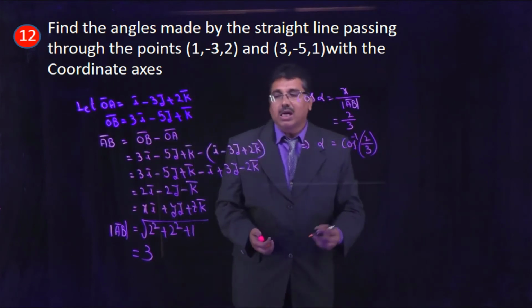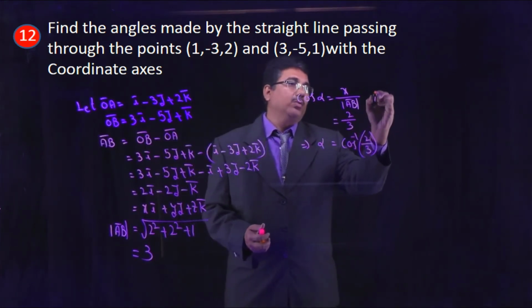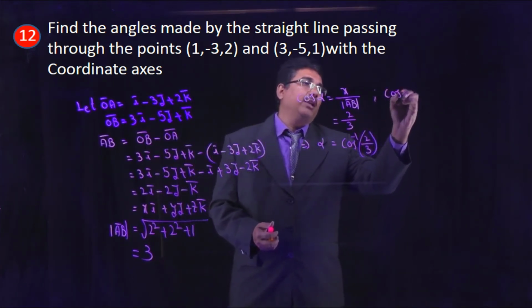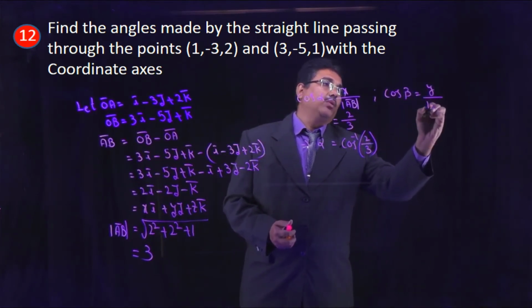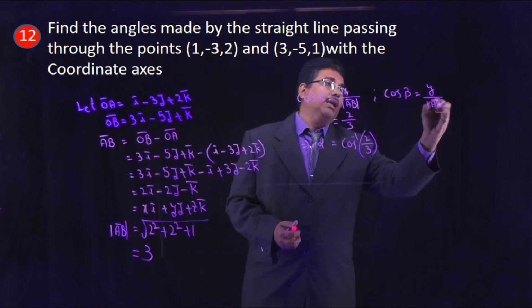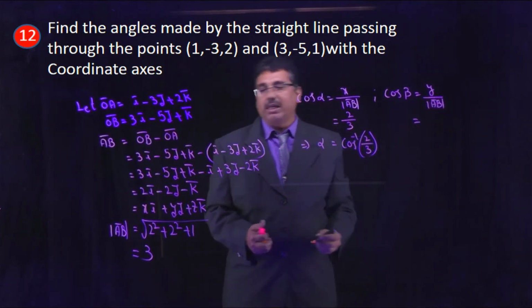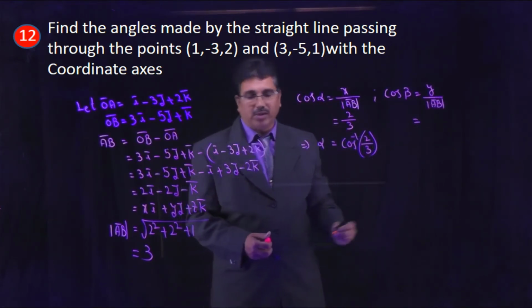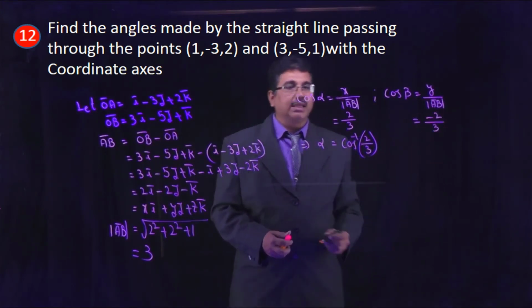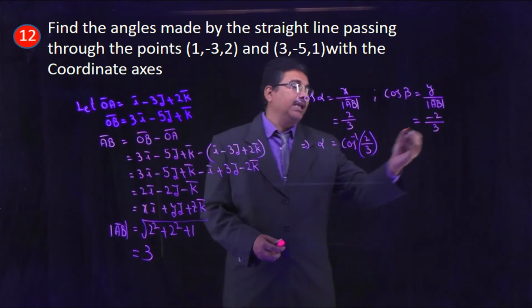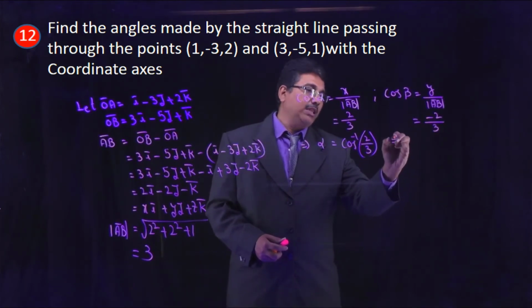Now cos beta is equal to y by mod AB bar. What is y? Y is equal to minus 2, and mod AB bar is 3. Cos beta is equal to minus 2 by 3.